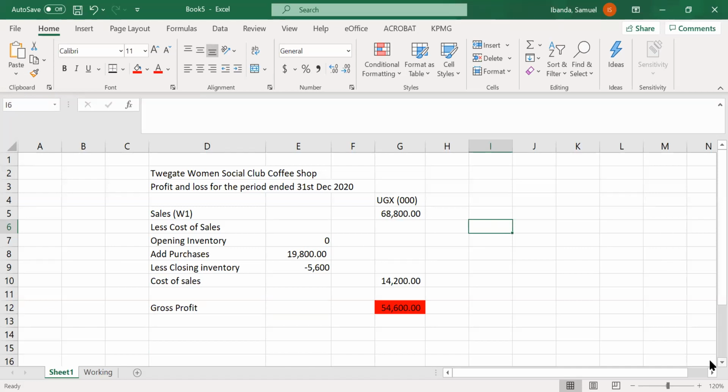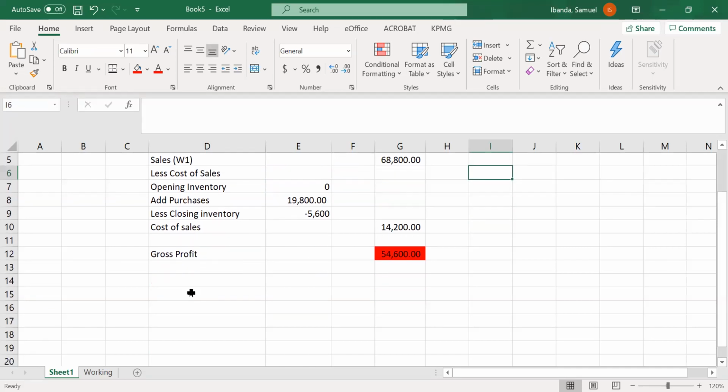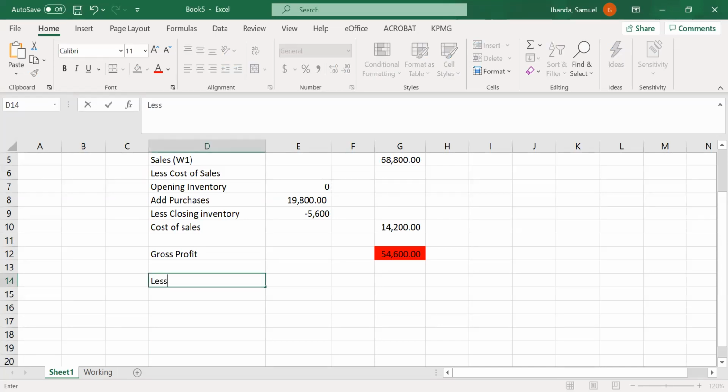After we have that, we now proceed. If we have other incomes, we'll record it there. If we don't have, we'll proceed and directly go to other operating expenses. So we shall say less operating expenses.